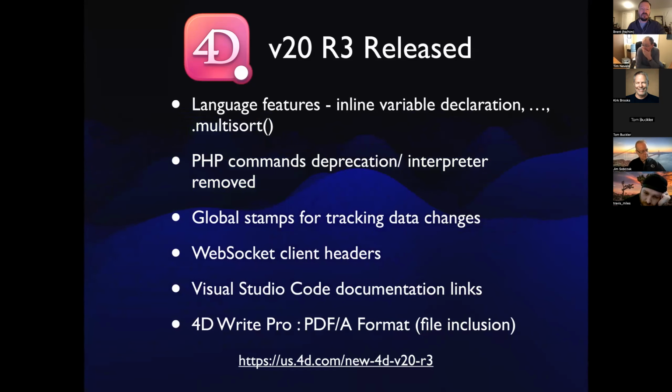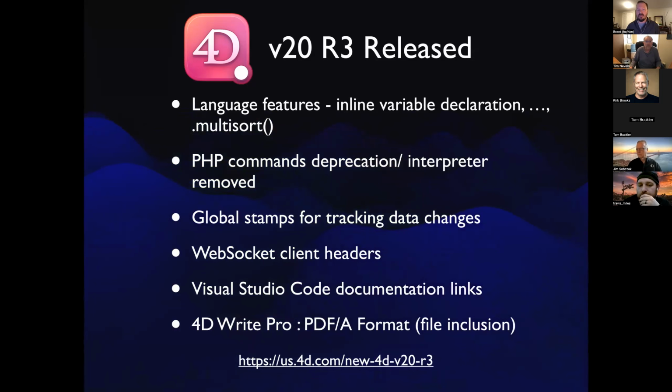This was a central part of the 4D for mobile data synchronization. So now we can take advantage of that feature in our own applications in various ways that I'm sure we'll find to use it.